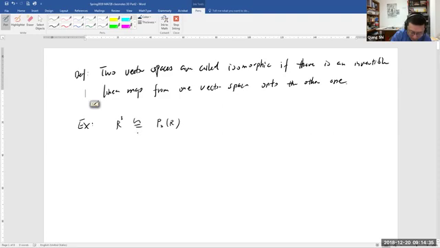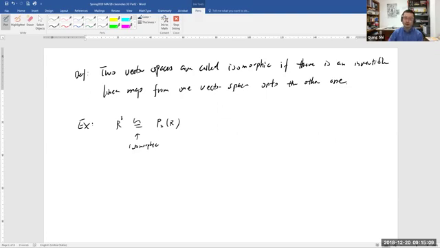We use this notation to mean these two vector spaces are isomorphic. Why is that? You need to be able to find an invertible map going from either R3 to P sub 2 of R or vice versa. The way to think about it is not very hard, because in R3 there are three vectors in any basis.